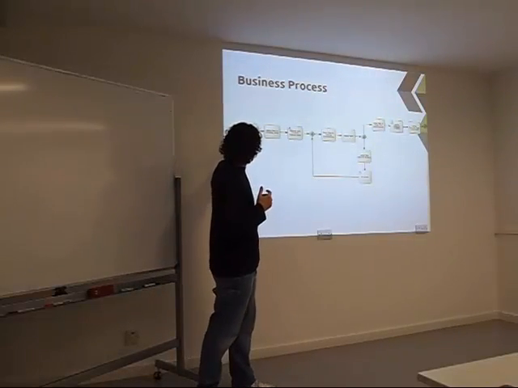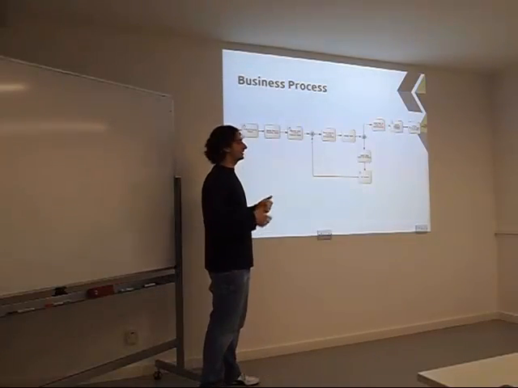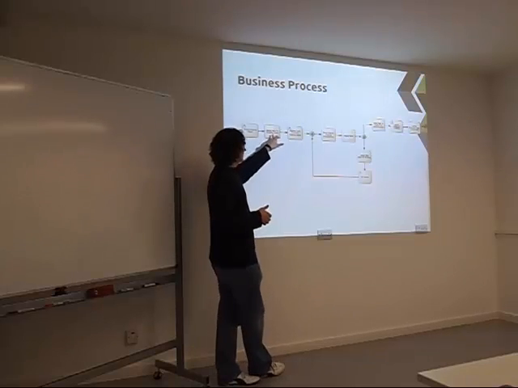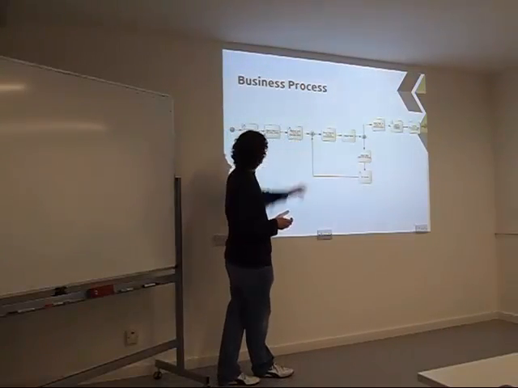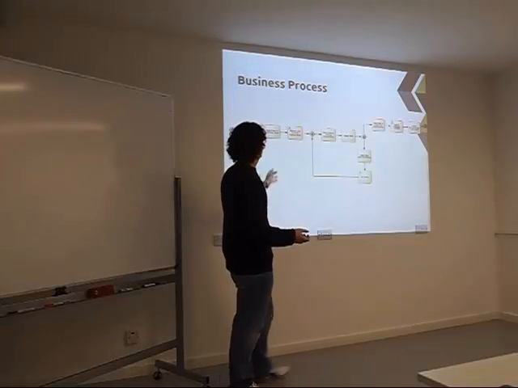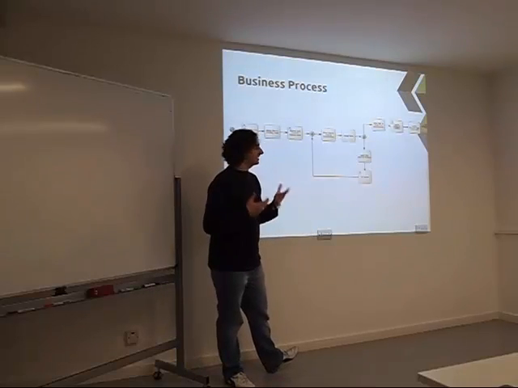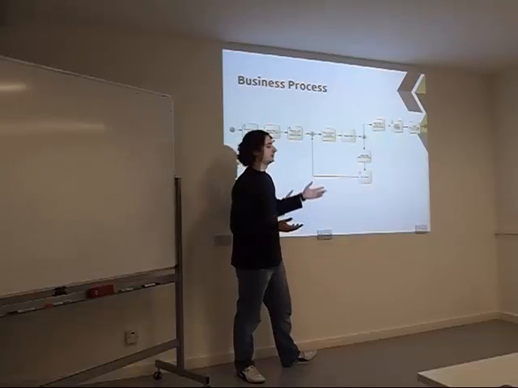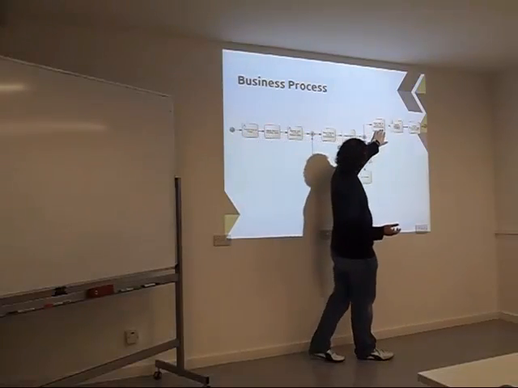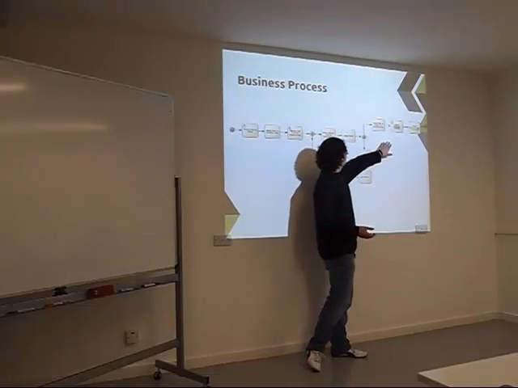In this case, we have a business user selecting some files to be staged. The files are automatically moved to the staging area. A different person reviews and confirms this. The files are then moved to the testing environment. Some tests are triggered. If everything is okay, the files are moved to the production environment.